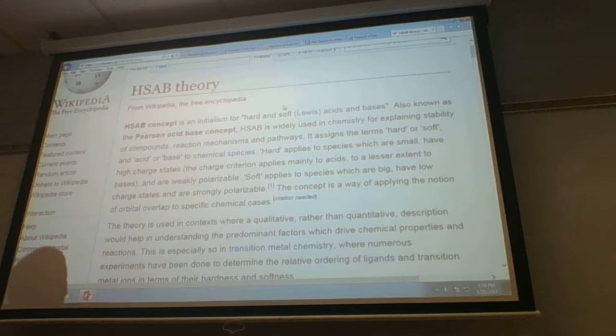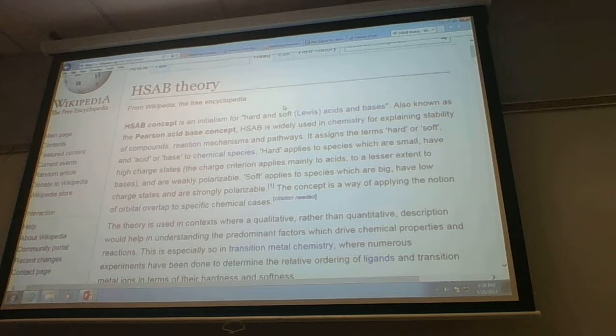And so if you have a hard acid, then a hard acid wants a hard base. So that's a reactive combination. And so you might say, oh, the hard acid, that must be strong. Well, no, not necessarily, because if you take that same acid and try to react it with a soft base, it doesn't work so well.